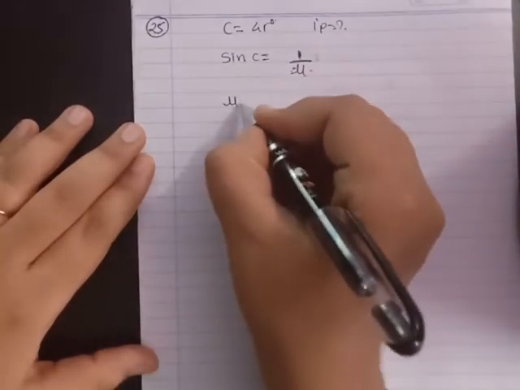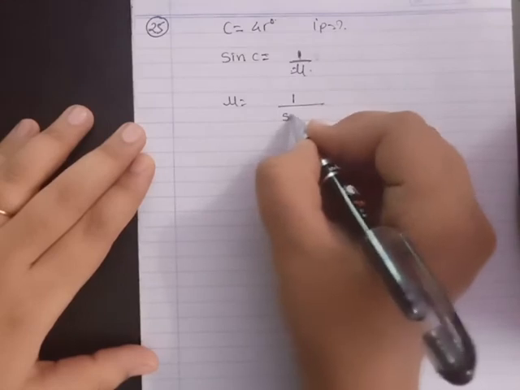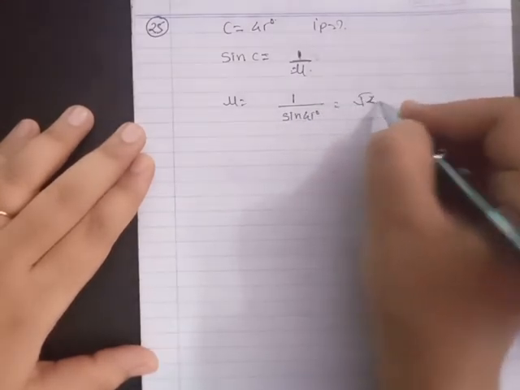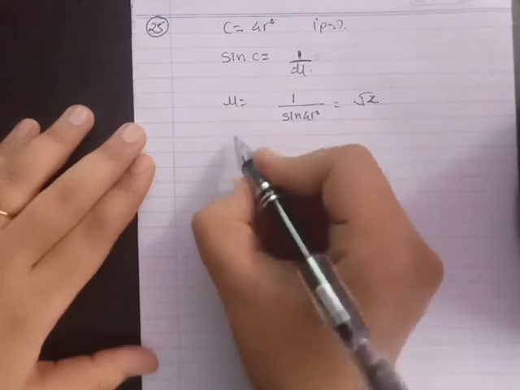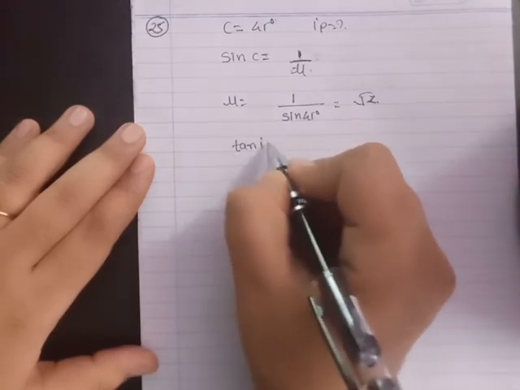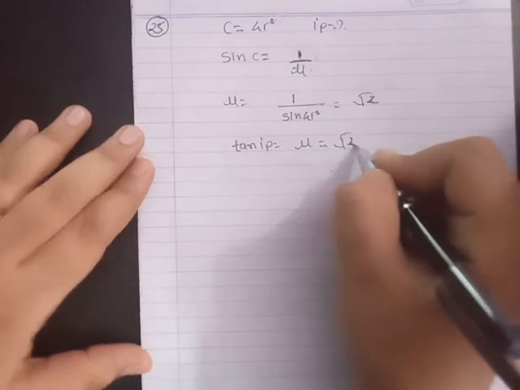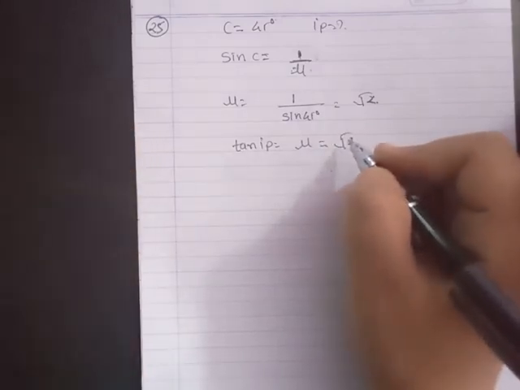So mu will be equal to 1 upon sin 45 degrees, that is equal to root 2. But according to Brewster's law, tan IP is equal to mu, that is equal to root 2.